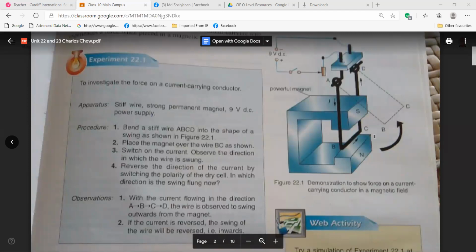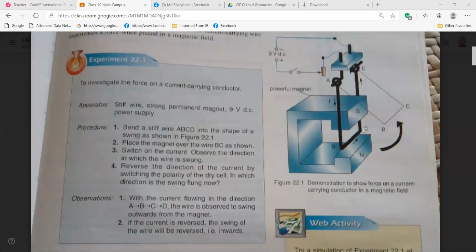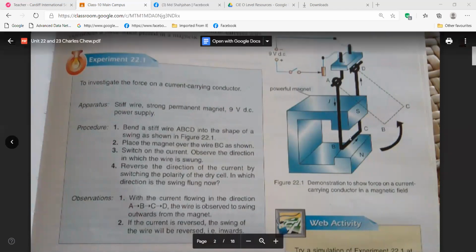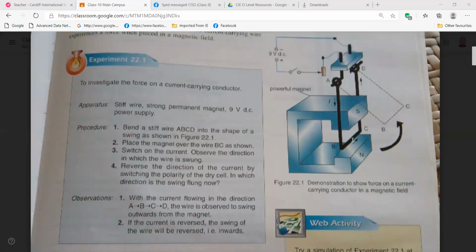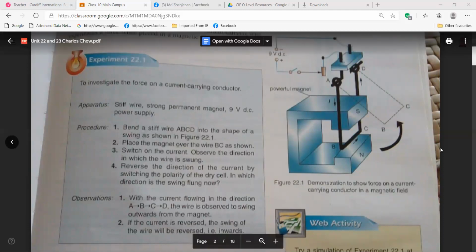Yes, sir. And for example, previously the current was only 1 ampere and you got the motion or turning effect of the coil. If we increase the current, for example, now we are making it 2 amperes, then the turning effect will be more, right?